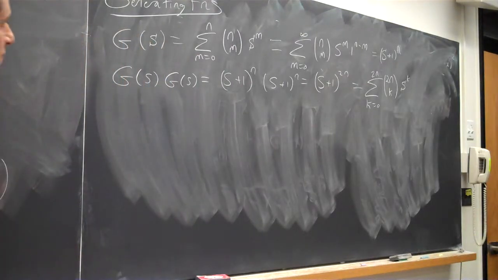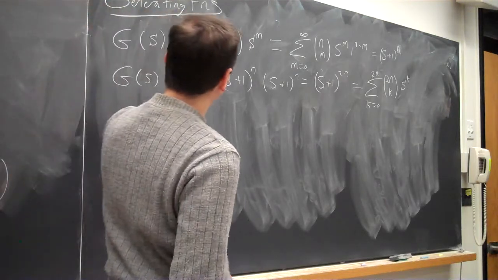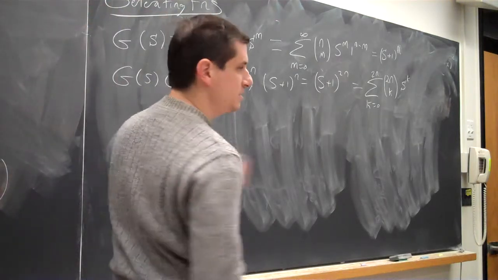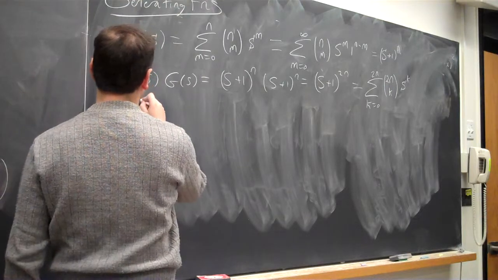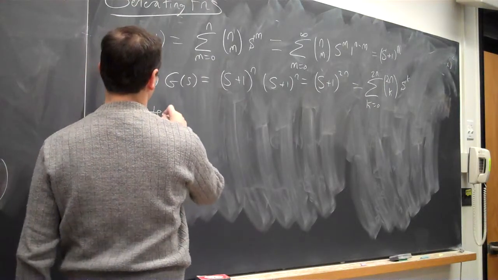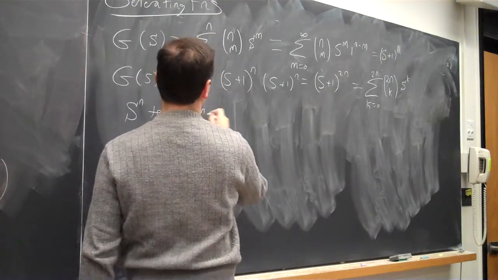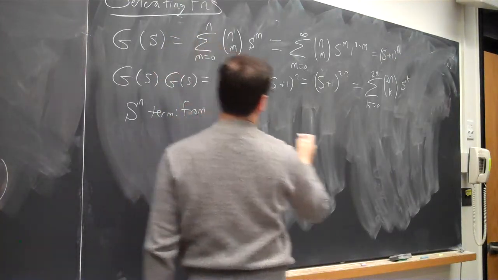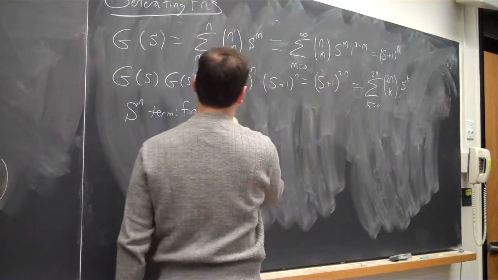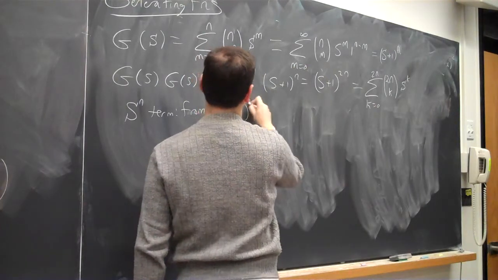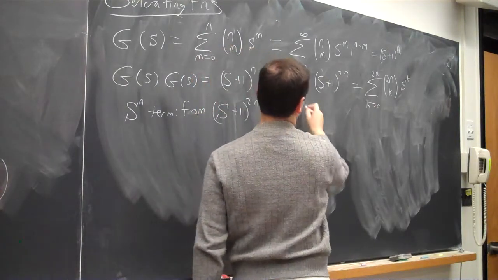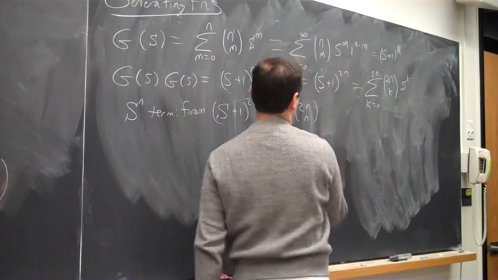And that's basically what I have here. So if I want to look at how do I get the middle term, the s to the n term, from s plus 1 to the 2n, it is just 2n choose n.